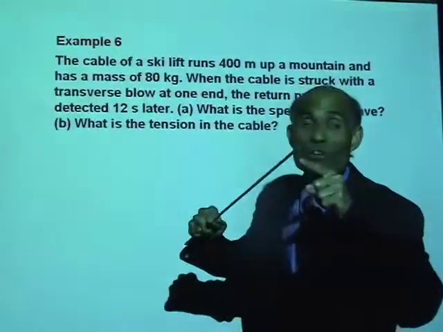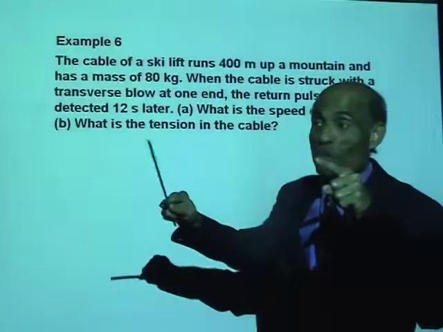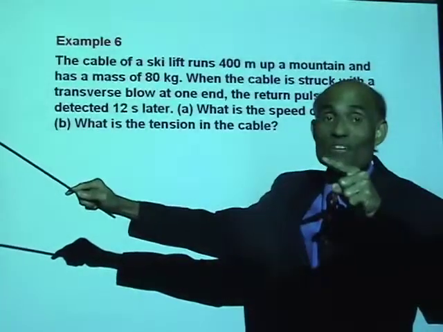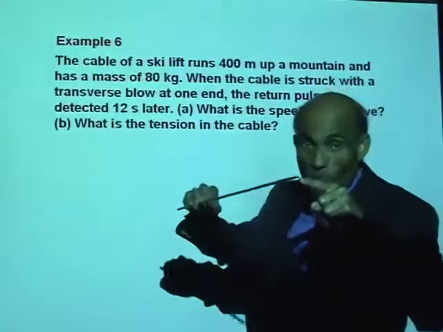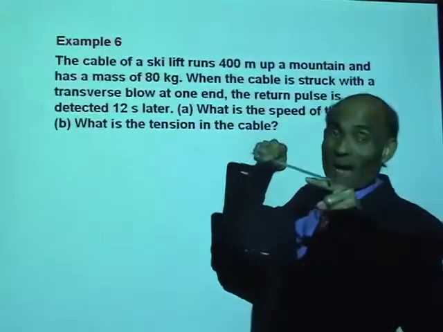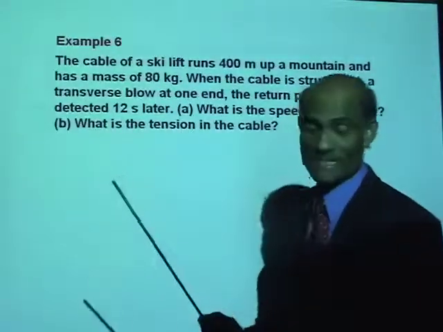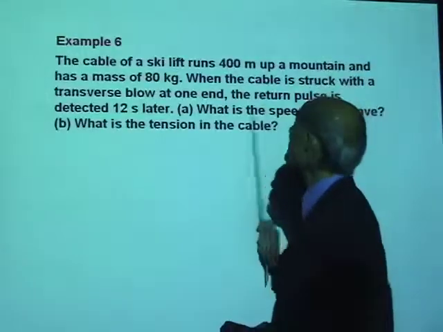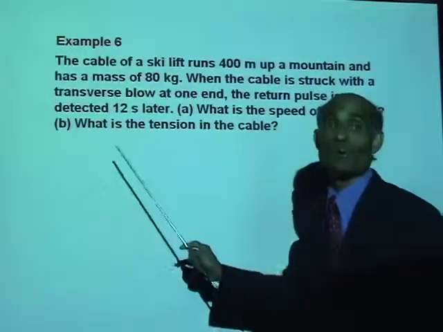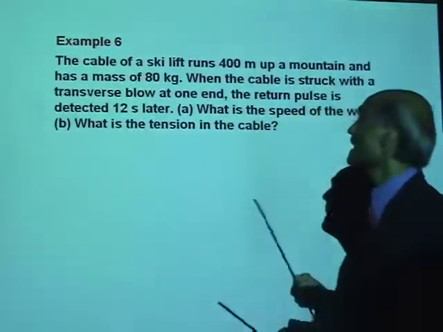The time taken for the energy to travel along the length of the wire one way and back is 12 seconds. What is the speed of the wave? What is the tension in the cable?